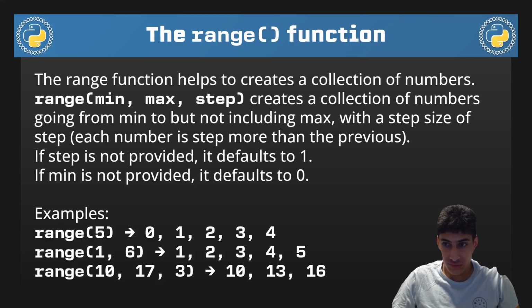Again, it doesn't include 6, but it starts at 1 because that's the minimum value that we provide. And also, range of 10, 17, 3, minimum value of 10, maximum of 17, step size of 3. So it goes 10, then 13, then 16, then 19, but don't include 19 because 17 is now exceeded.